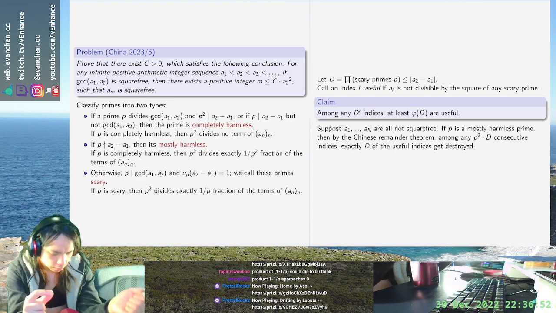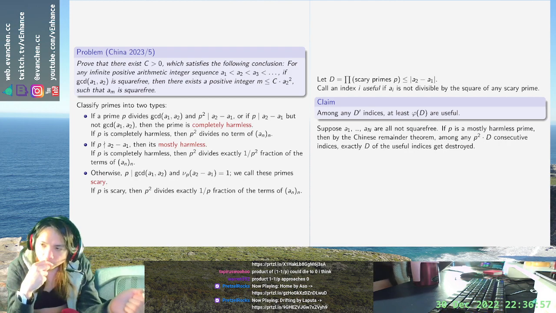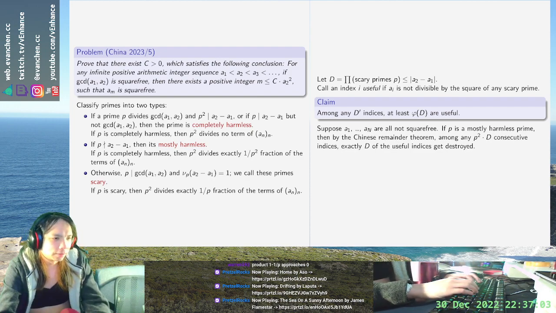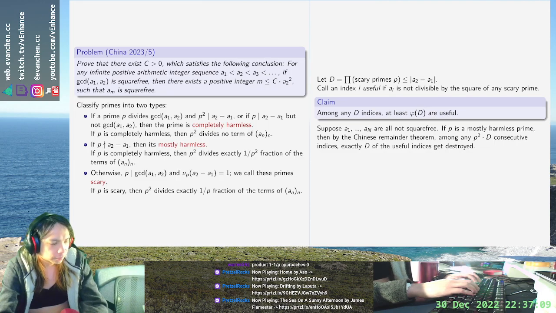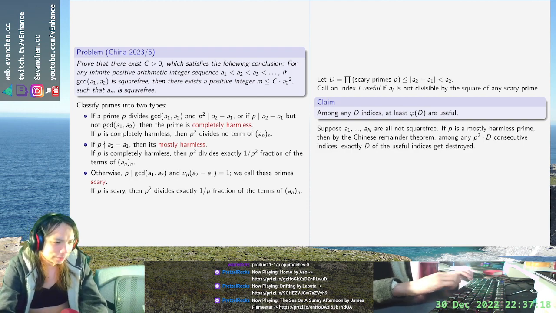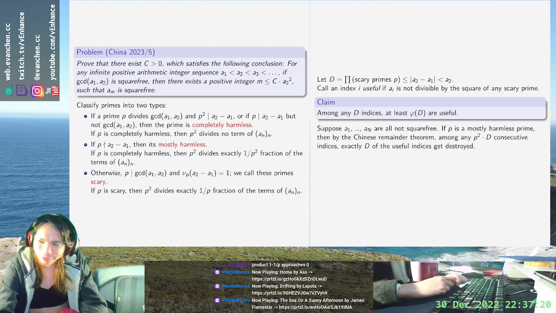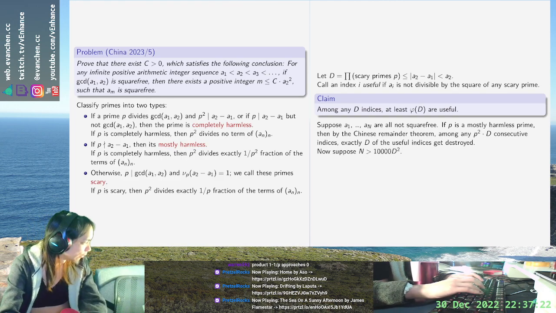So now, oh god, the constants are... now suppose n is bigger than... alright, I think I might actually have to use the target. Otherwise this is gonna get really hairy.